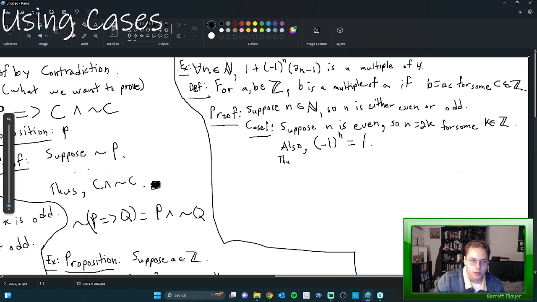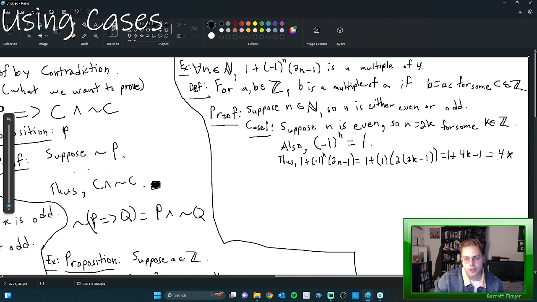Thus 1 plus -1 to the power of n times 2n minus 1 equals 1 plus 1 times 2 times 2k minus 1, which equals 1 plus 4k minus 1, which equals 4k.